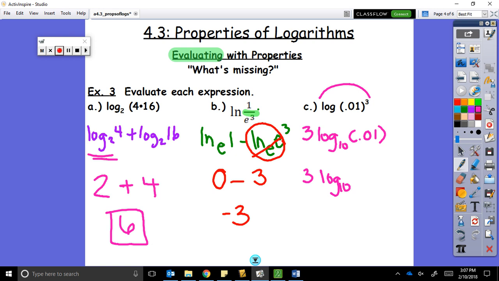Okay, 0.01 is 10 to the negative 2. So then use the same thing that we did in B. These guys cancel, and I'm left with 3 times negative 2, which is negative 6.